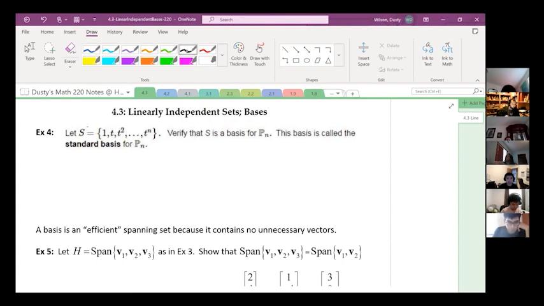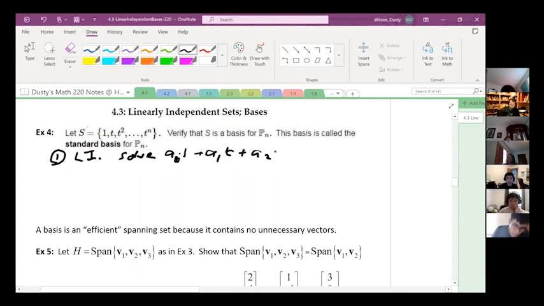So first of all, we've got to ask ourselves, is it linearly independent? If we want to know if it's linearly independent, we could solve for a0 times 1 plus a1 times t plus a2 times t squared plus dot dot dot plus an times t to the n equal to 0.